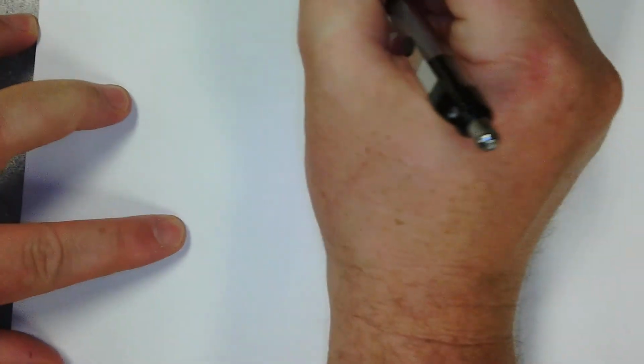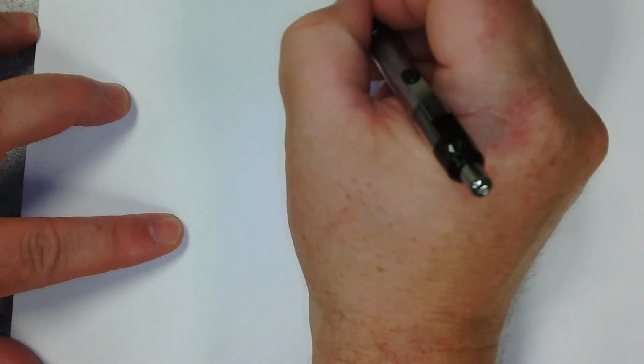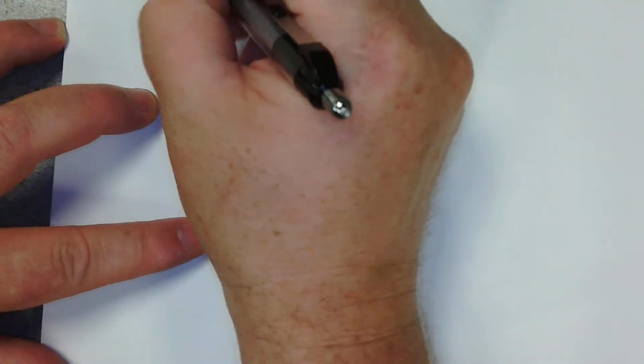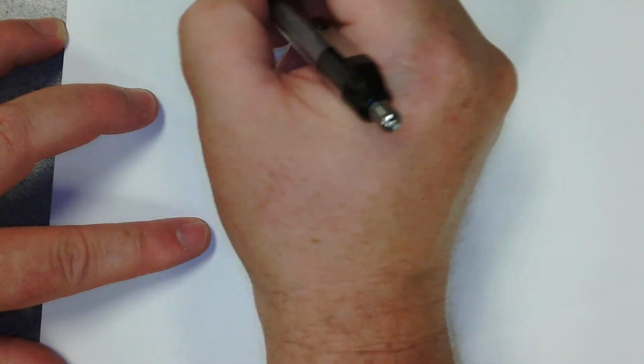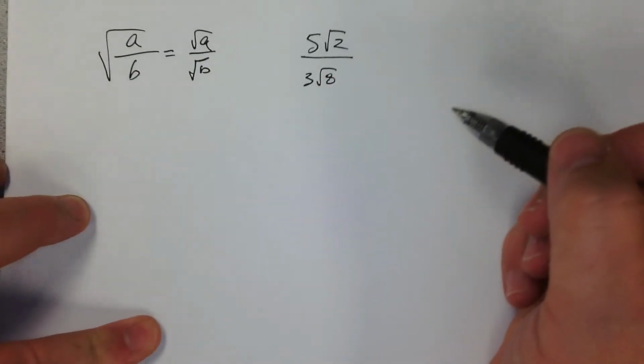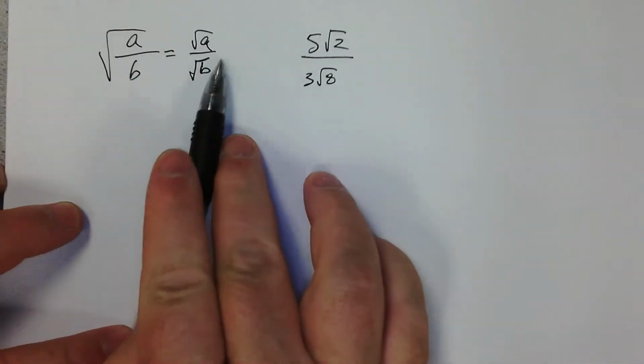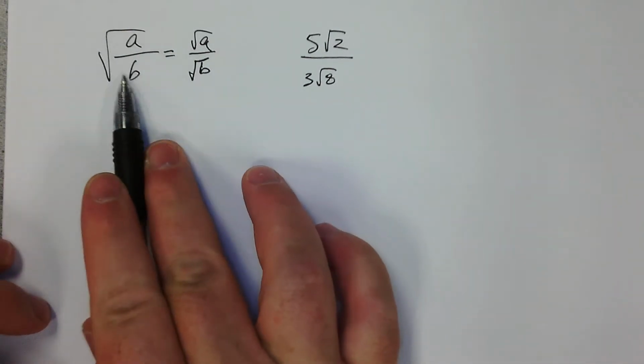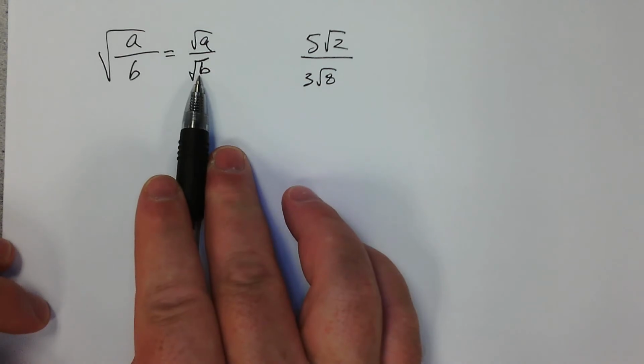It says 5 root 2 divided by 3 root 8. Well, we can reduce those. You see, it's this whole thing again. These are the same. Sometimes, oh man, sorry about that. You couldn't see it. Sometimes this makes more sense than this. So you can switch them.